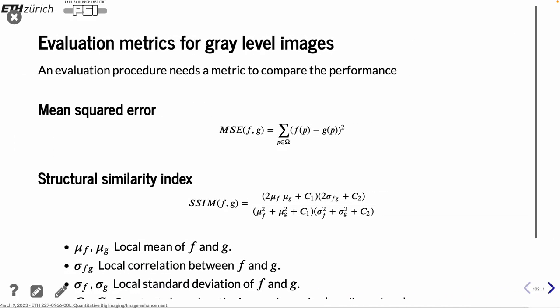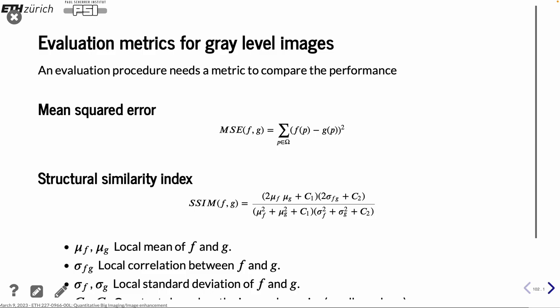And when you work with gray levels and want to verify how good it is, then you need to use some kind of metric, and the most used one is the mean squared error. Another one is the structural similarity index, which is a bit more complicated, and it was developed to check the quality of transferred images and videos.